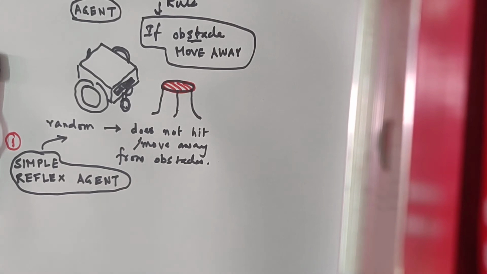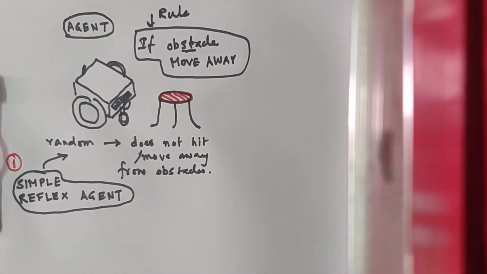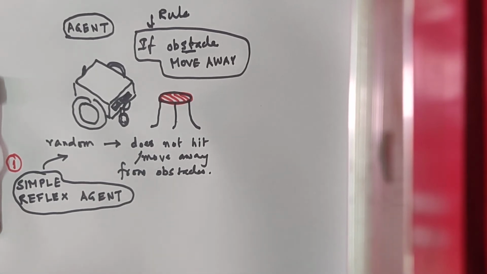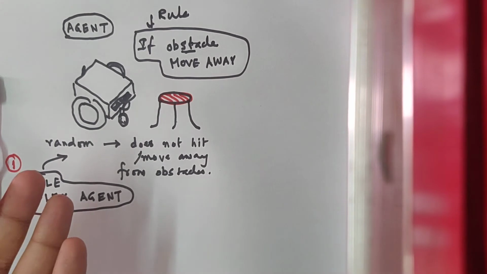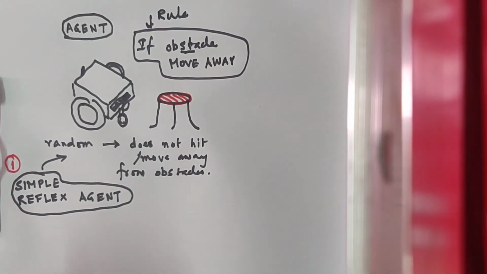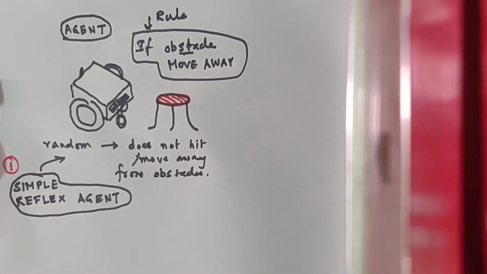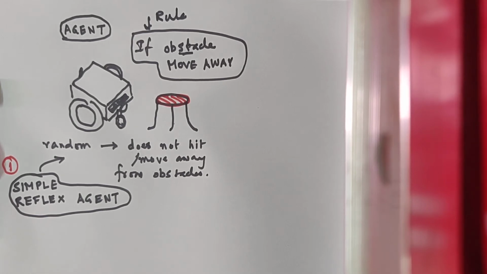But how would it be? You imagine yourself as a robotics engineer. How would it be if the agent could store, whenever it encounters an obstacle, the location or position of that particular obstacle so that it does not revisit the obstacle anymore.